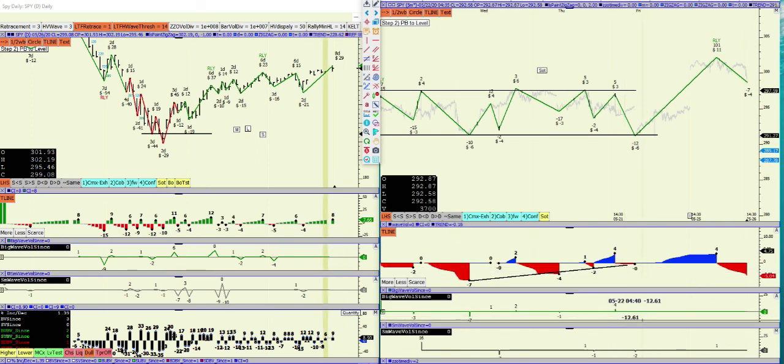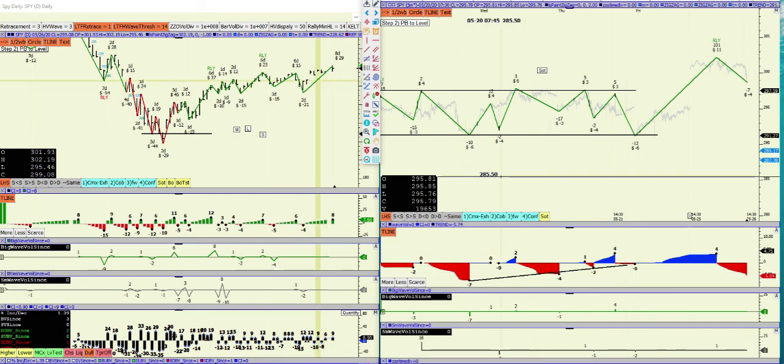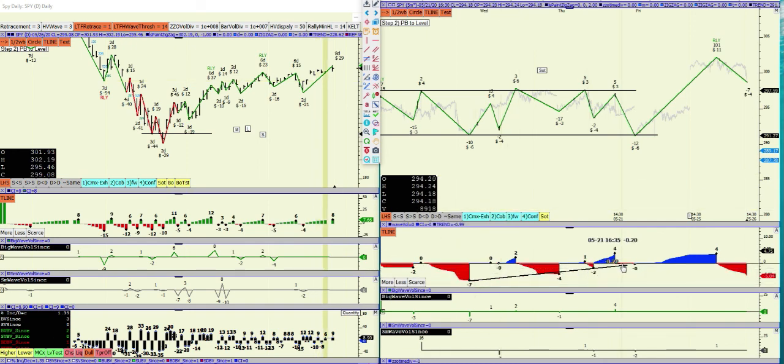So when the down waves are diminishing in volume, get ready for the up waves to start coming in on volume. Because down wave on less volume, there's lack of trade, lack of interest, which is going to embolden the bulls. That's what it does, especially if the trend is up. And so that's the first learning, right here.